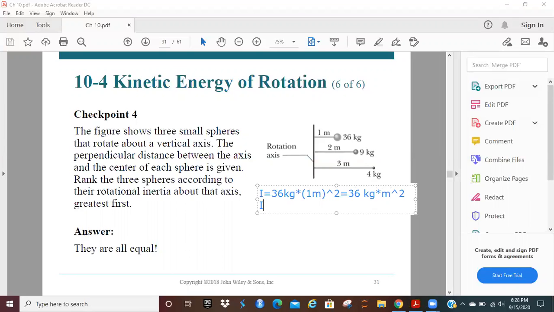So what about the second one? 9 kilograms times 2 meters squared, which is also going to end up being 36 kilogram meter squared. Take a look at the third one. 4 kilogram times 3.